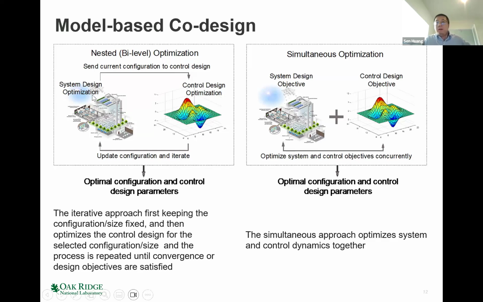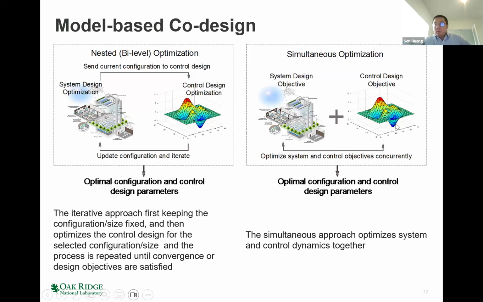It's still optimization, but it's manually driven, because you first determine the design, and then the control. If you want to do more, you can have another design, and then another control correspondingly. That simplifies the problem because it decouples the design and control. But when it comes to larger systems, it loses the opportunity to achieve the true optimal.